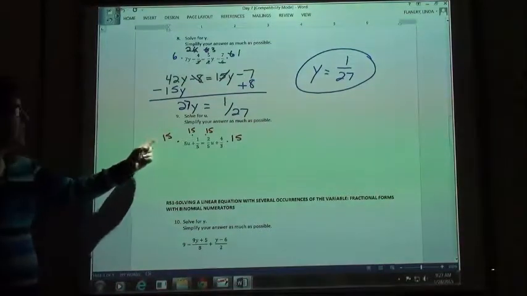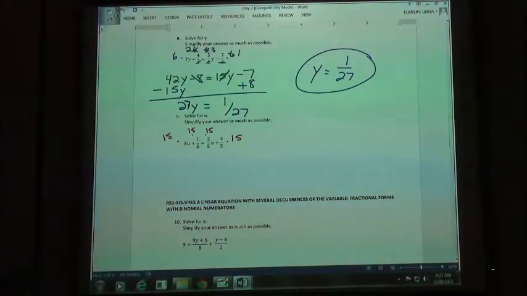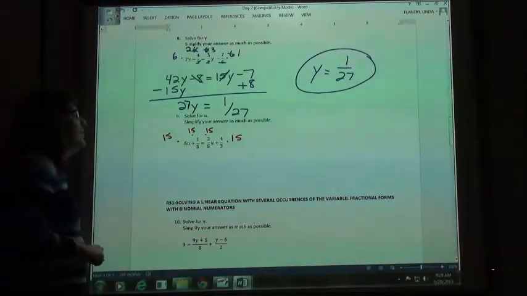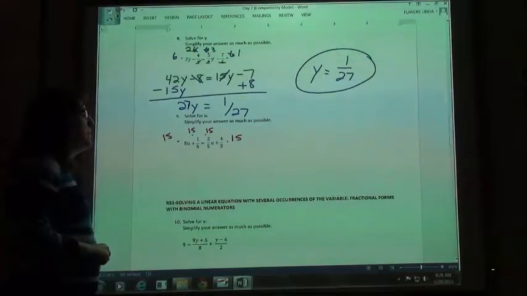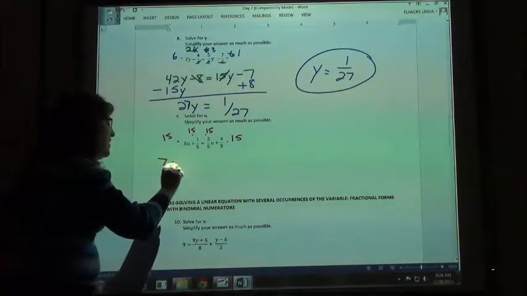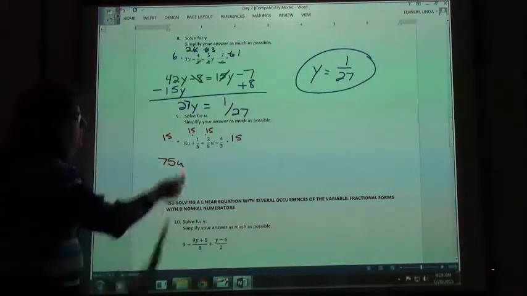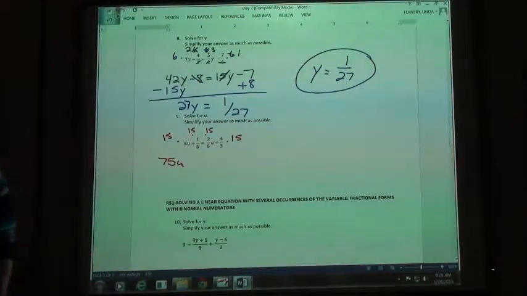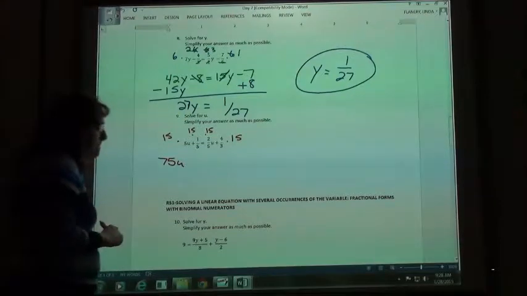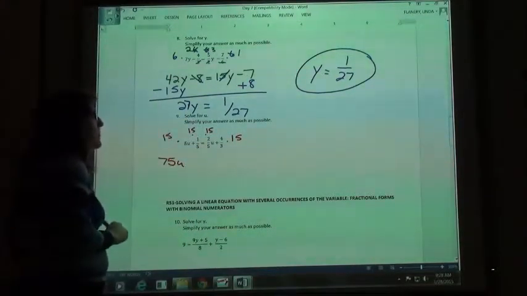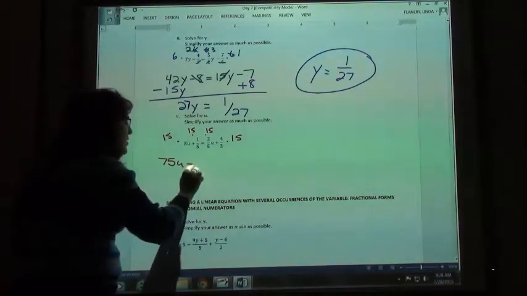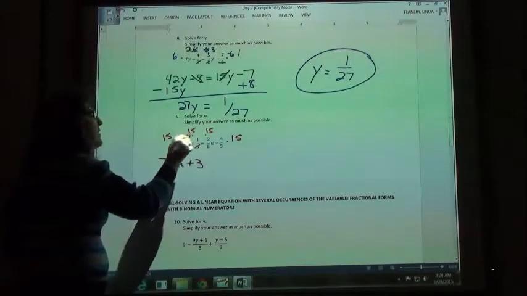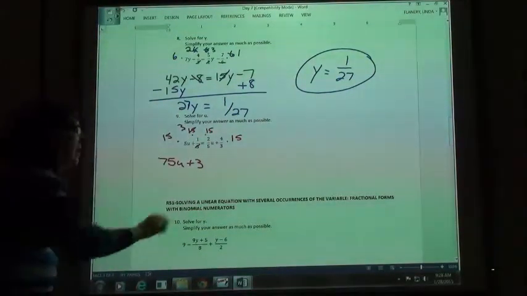So 15 times 5u would give you 75u. 15 times my 1/5 gives you plus 3, because 5 goes into 15, 3 times 1 is 3.